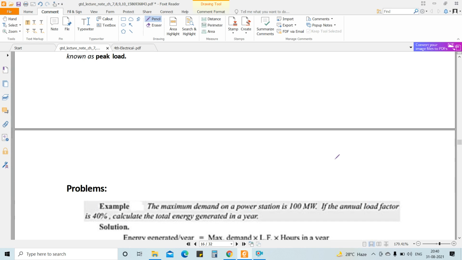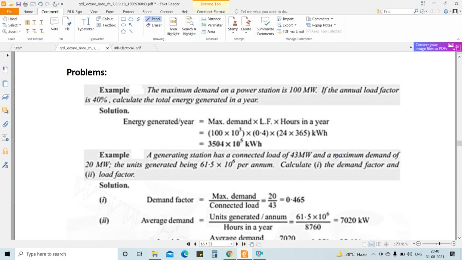Some problems are mentioned over here. Just remember all the formulas and go through these problems, practice them by going through these examples. It is very simple.